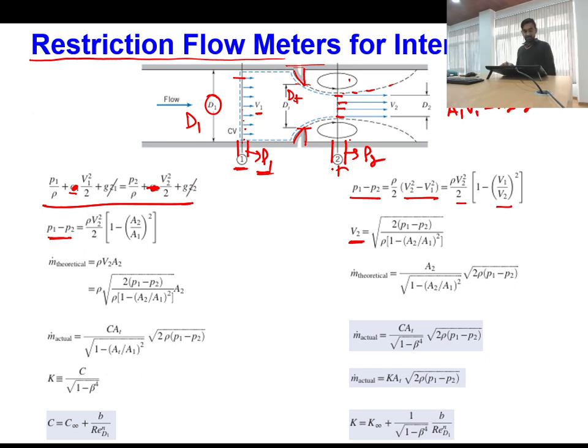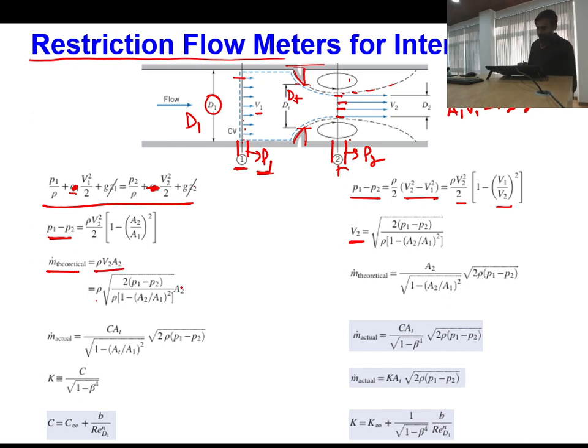If I know the average velocity V2, then I can calculate the mass flow rate as density into area into velocity, rho A2 V2, which is equal to density times A2 times the square root of 2 times P1 minus P2 by rho times 1 minus A2 by A1 squared. Is this point clear?